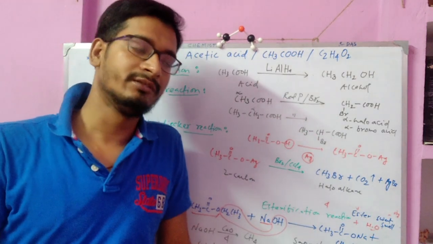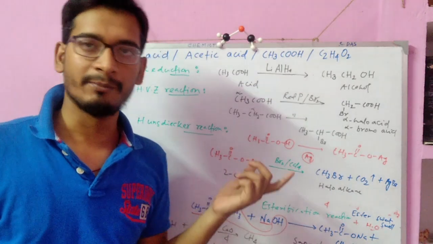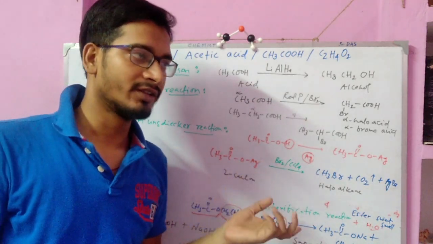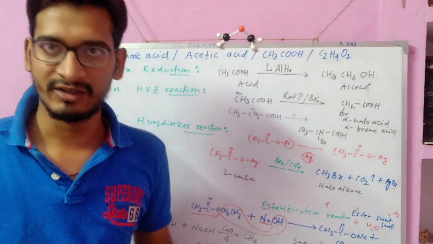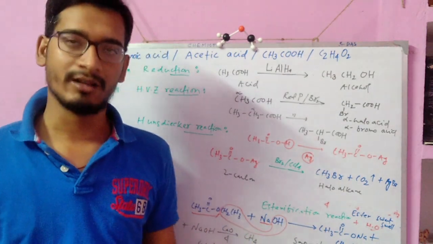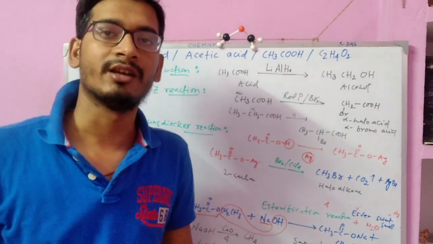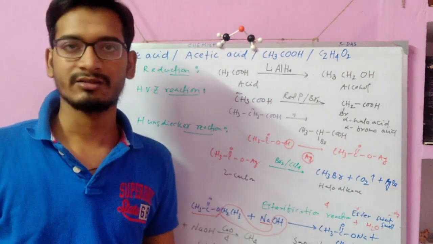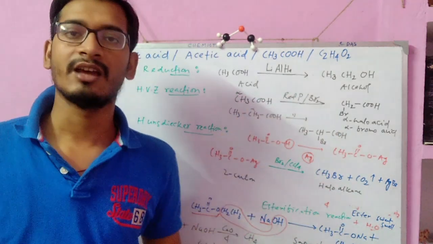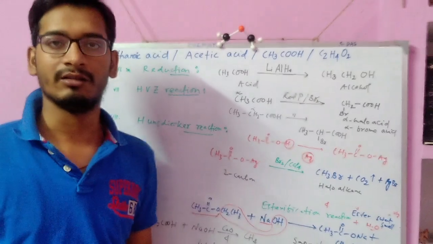The second test will be the reaction with sodium metal. You can also test with brisk effervescence, that is with metal carbonate or metal bicarbonate. And the most important test is the esterification test. By the esterification test, you can conclude that this is an acid by the sweet smell generated on the reaction.